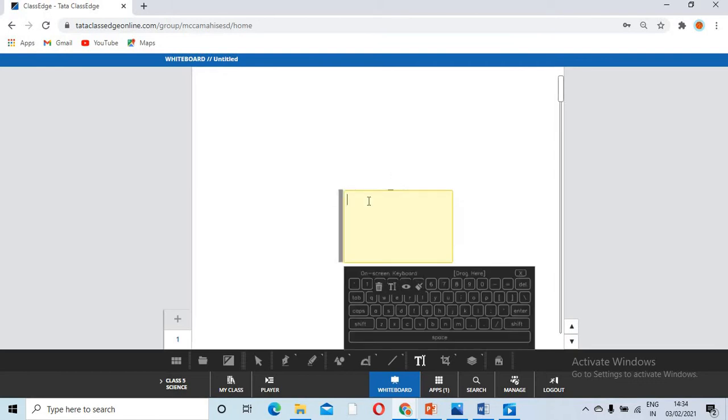Okay, today we are going to see the parts of a flower. When I talk about the parts of the flower, it has 4 major parts. First let me tell you what the 4 major parts are.